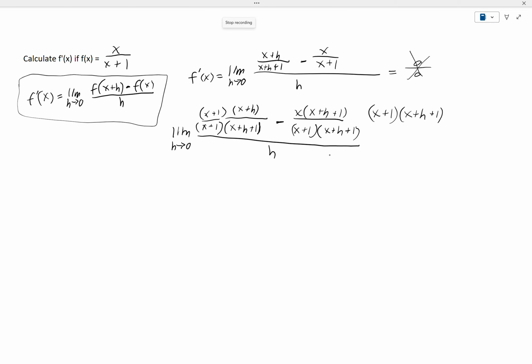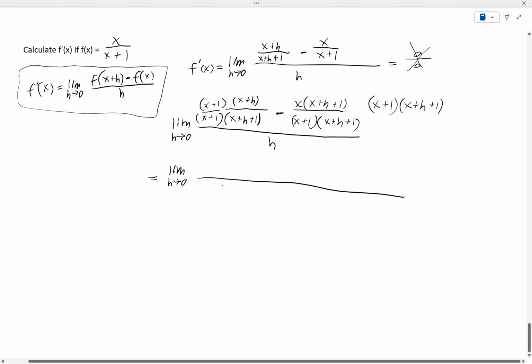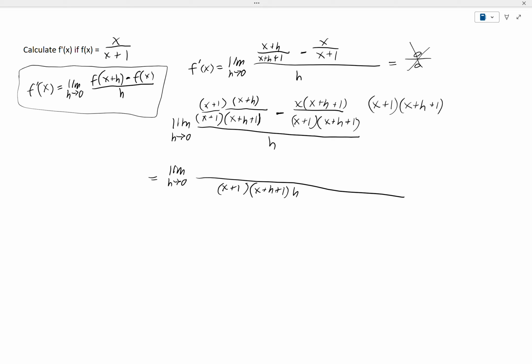Now this looks like a mess, like we might be going backwards with our progress, but we're not. Since these two denominators match, you can factor them out and move them down here with h, so that now we have a single fraction. We don't have a fraction within a fraction. So I'll write that out. Limit as h goes to 0 of, I'll move those down here right away, x plus 1 times x plus h plus 1 times h.